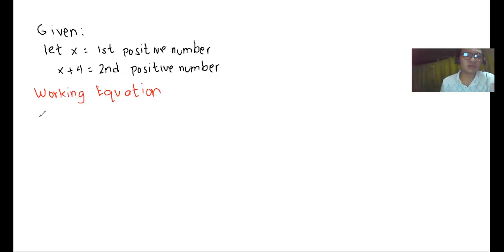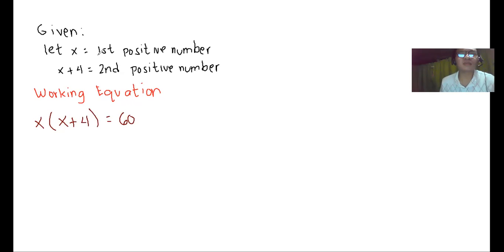We have the first number, x, times the second number, x plus 4, equals 60. Our goal here is to find the value of x and substitute it to x, the first positive number, and x plus 4, the second positive number, since we are finding the two numbers.